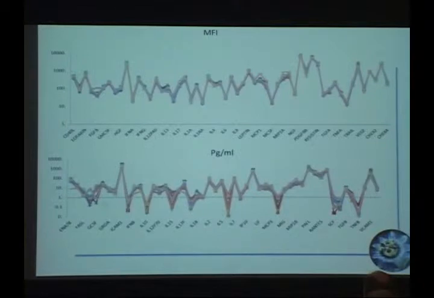Remember, it's the same sample. The MFI is very reproducible, actually less than 20%, whereas the translation into picograms per mil creates a variability that is not there. So not only is it not standardizing, but it's actually creating more variability.